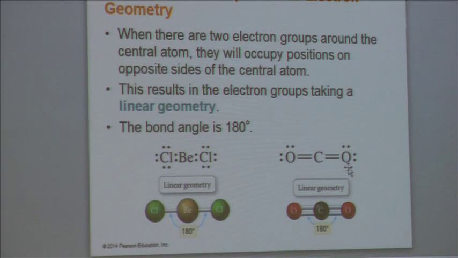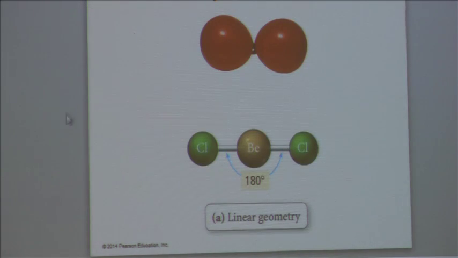We have CO2, or carbon dioxide, or beryllium chloride, both having linear geometry, and beryllium is the center atom with 2 chloride atoms. For carbon, you have 2 double bonds with oxygen on both sides.